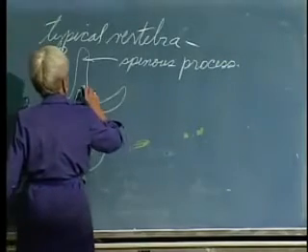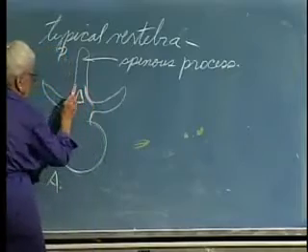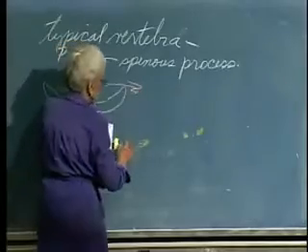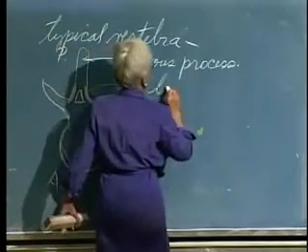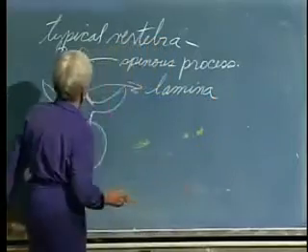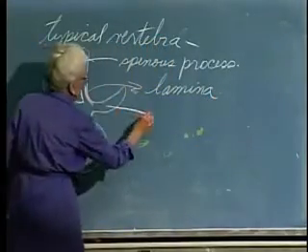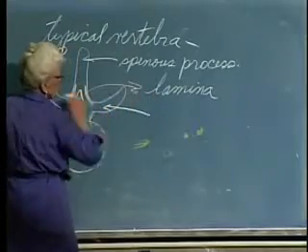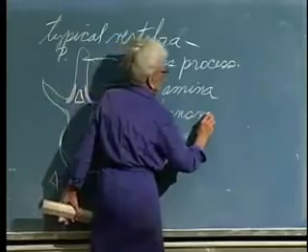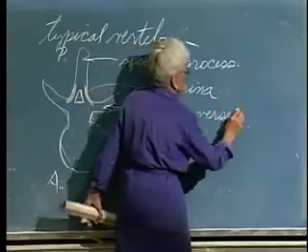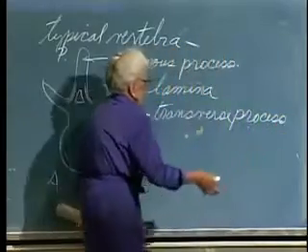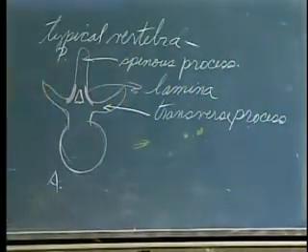This area in here is called a lamina. This process is a transverse. It's running transverse. Remember that term. Transverse process. All of these are for muscular attachments to be able to do all the activities you do.